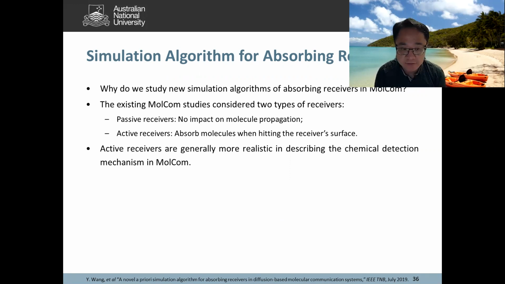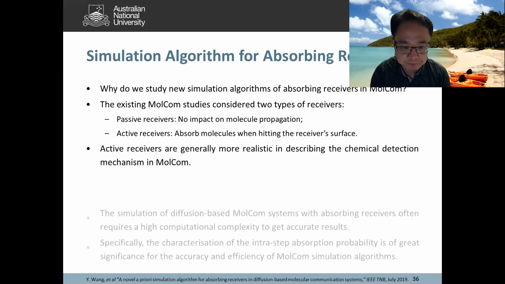The other is the active receiver, which can absorb molecules when the molecules hit the receiver's surface. Active receivers are generally more realistic in describing the chemical reaction and detection mechanism in molecular communication, but they impose a significant challenge in both analysis and simulation.